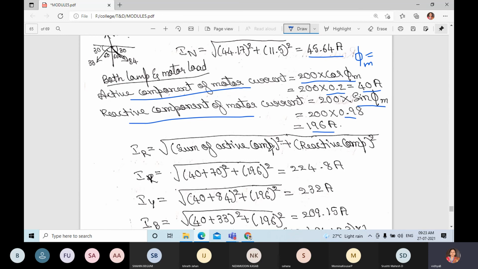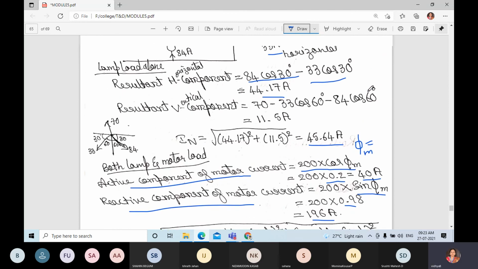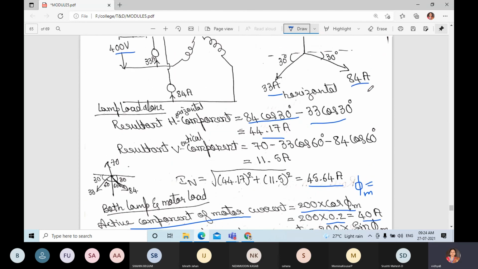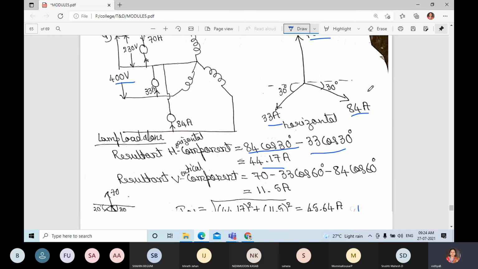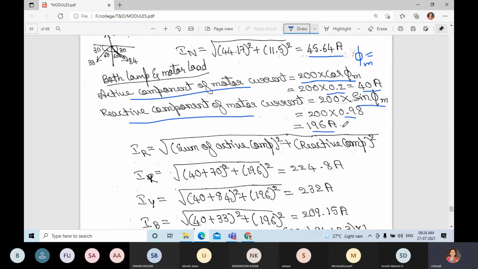IR is the square root of the active component plus 70 whole square plus the reactive component square. That is, 40 amps plus 70, the current we got here, plus 196 amps, the reactive component. You will get 224.8 amps, that is IR.